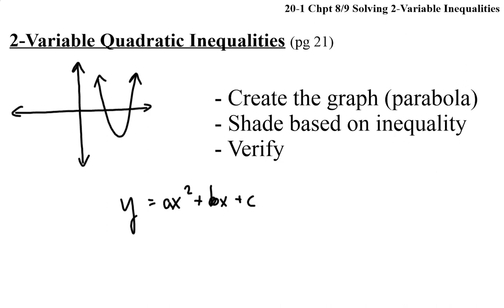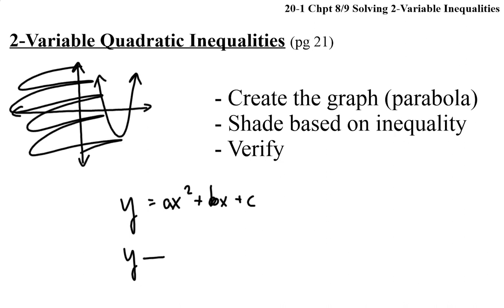plus bx plus c. But in this case, solid line, what does that tell us the way I graphed it? Well, instead of having equals, I would have to say it's going to have an equal because it's a solid line. And then it depends upon what's shaded. I could shade everything around the parabola.